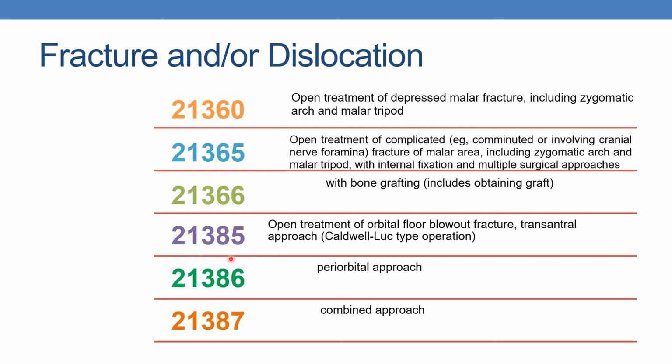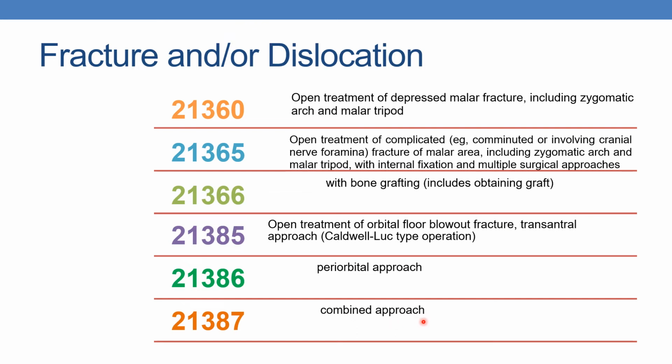The next is 21385. It deals with open treatment of orbital floor blowout fracture, transantral approach. The next is 21386. Here it uses periorbital approach. The next is 21387. Here it uses combined approach, that is transantral and periorbital approach.